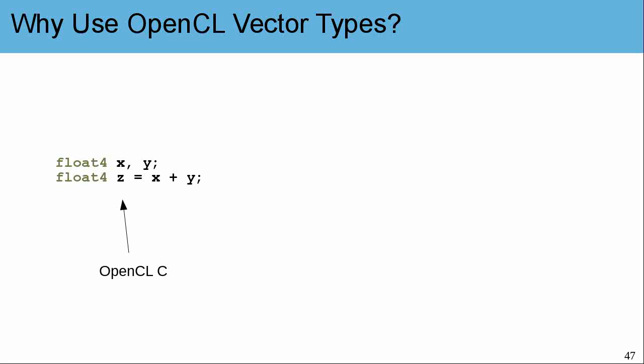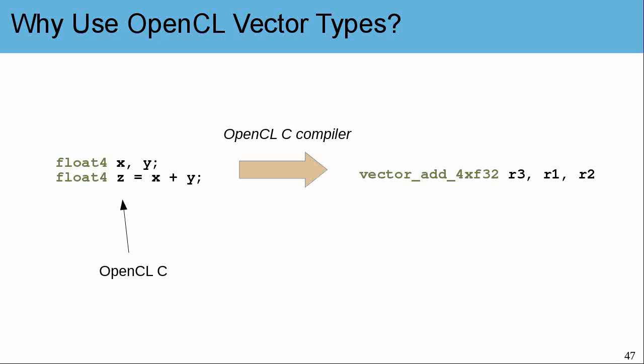So let's go ahead and take this OpenCL C fragment, put it through the compiler, and what are we going to get? Well, we're going to get this completely fictitious statement in the ISA, or the assembly language of the device, whatever the device is. Let's imagine that this is a fictitious vector instruction. We take register 1, register 2, add them together, and store in register 3.